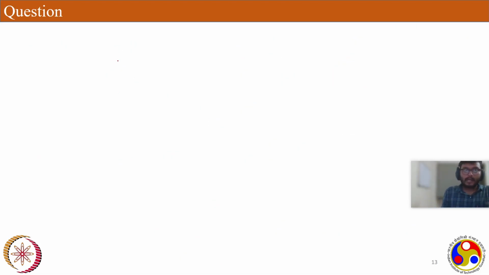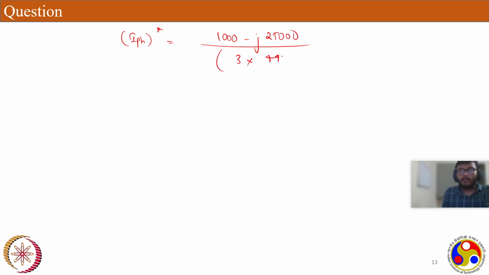So what is I phase star? I phase star would be 1000 minus j 25,000 divided by 3 into 440 divided by root 3. Okay, please calculate this.